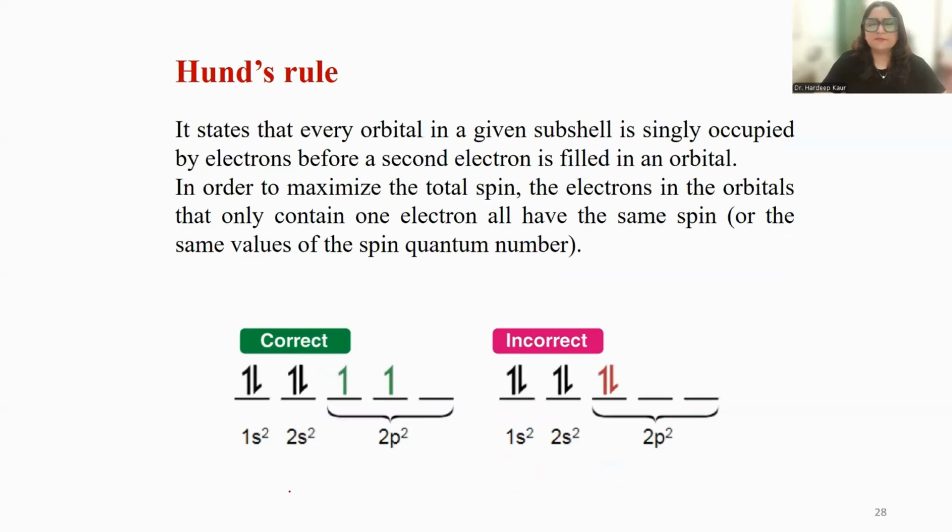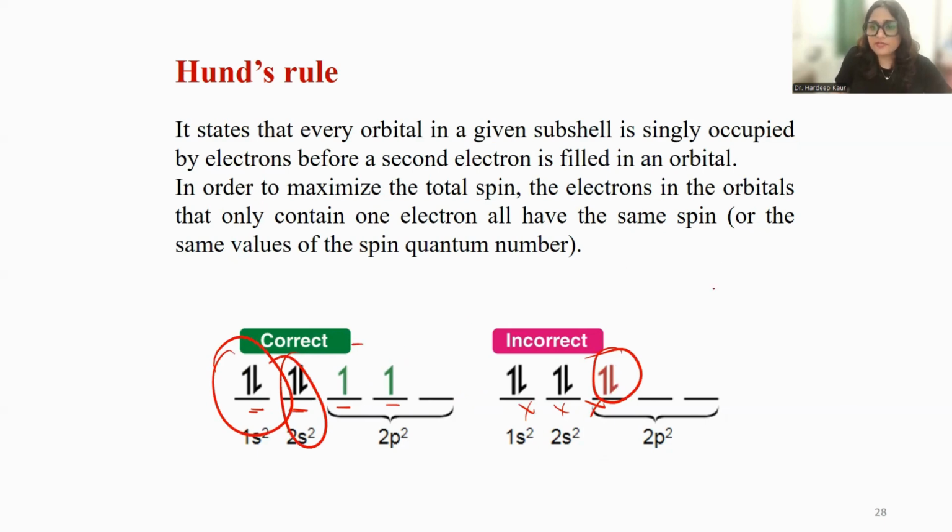Hund's rule says something simple. It says that every orbital in a given subshell is singly occupied by an electron before a second electron is filled. Suppose you are having 6 electrons, so 1, 2, 3, 4, then 5, then 6. But it's wrong. You can't pair up like this. This is already filled, this is already filled, it's fine.